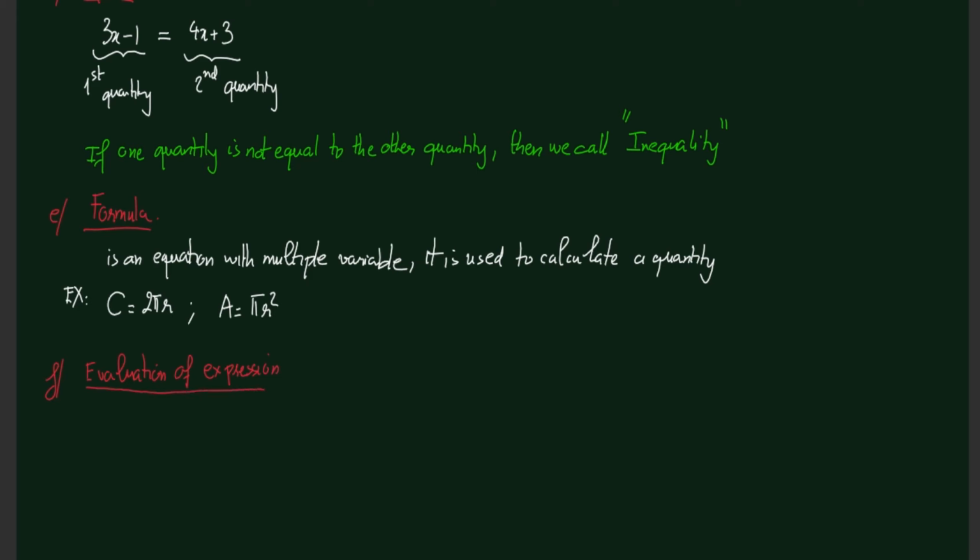It means that you have an expression, and we want to evaluate that expression. Evaluation means that you are calculating that expression given a certain input or given a certain x value. Okay, that x value is equal to a constant.